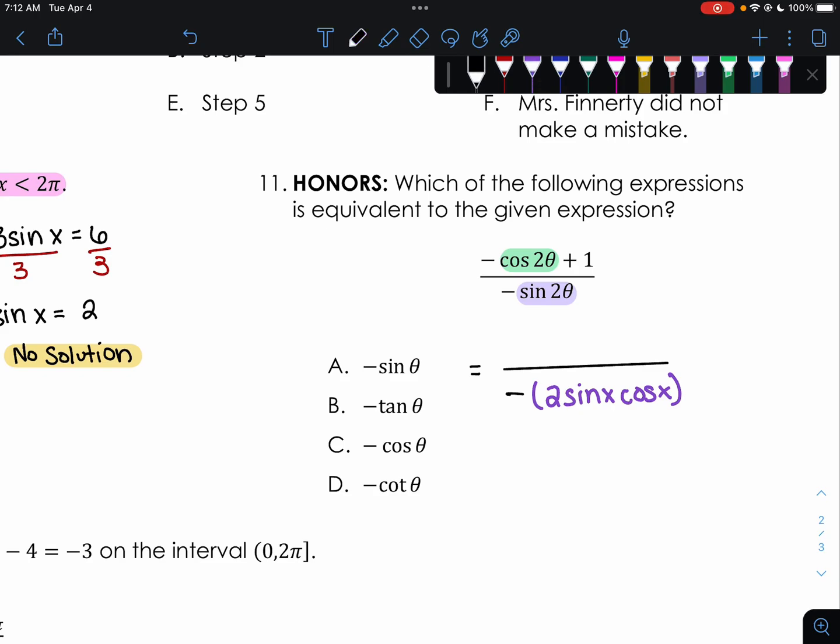But again, you can choose whichever identity you want to choose. So for the cosine one, I am going to pick the one that deals with sine, which is 1 minus 2 sine squared theta. Oh, these should be thetas, not x's, so let me fix that.